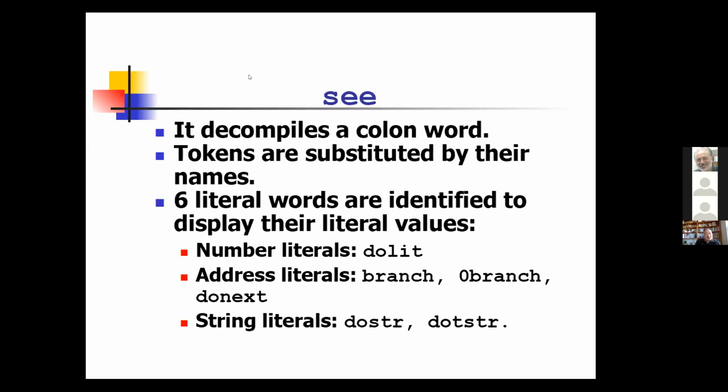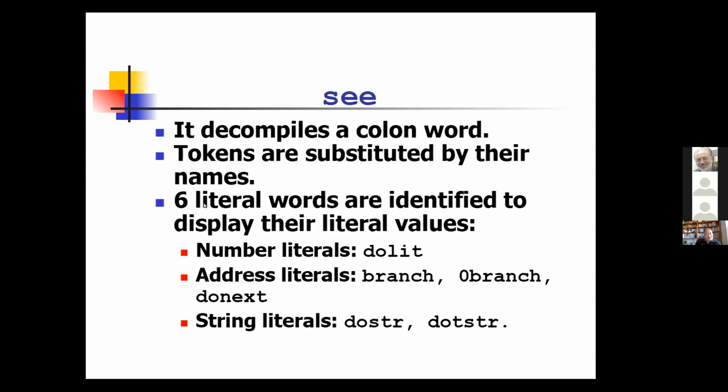C allows you to decompile a colon word. And this C is very simple because the token lists are quite simple. In the token list, if a token is a word, it will just go into that word by the token and print out the name of the word.